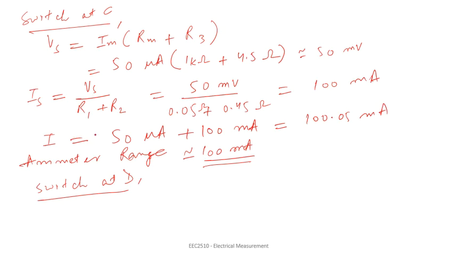You just have to make very small changes, and in the end you will find that the ammeter range for the third case will be about 1 ampere. So the range is greatest for this third case. I am just leaving this as an exercise for you.